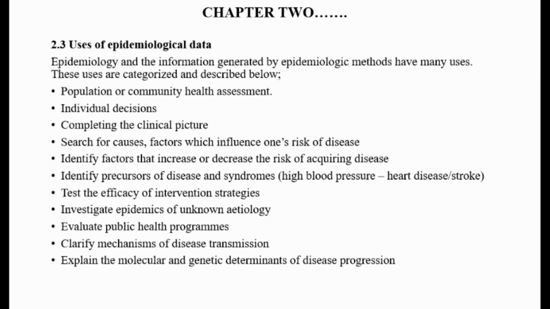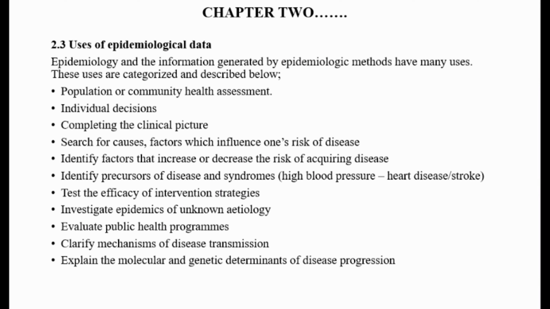Why? You have to collect the data. Before the intervention, you know the situation, how it was. And then after the intervention, you want to know if there were any changes. So you test the efficacy of any intervention which was carried out in a particular community.